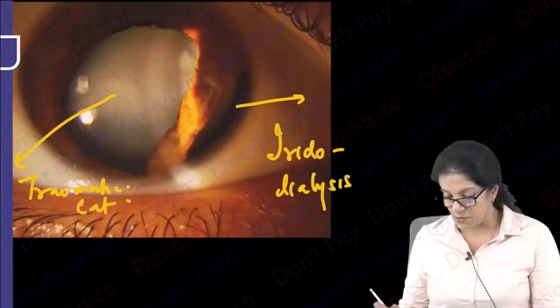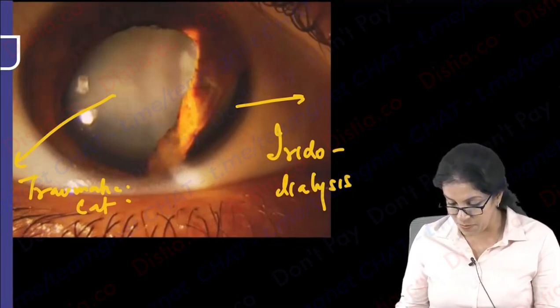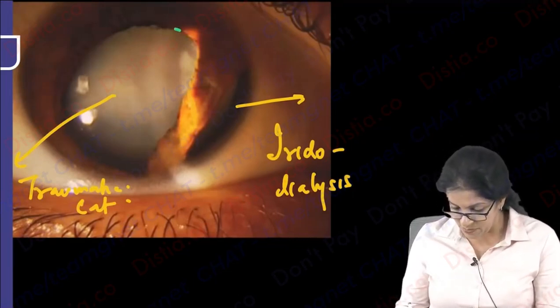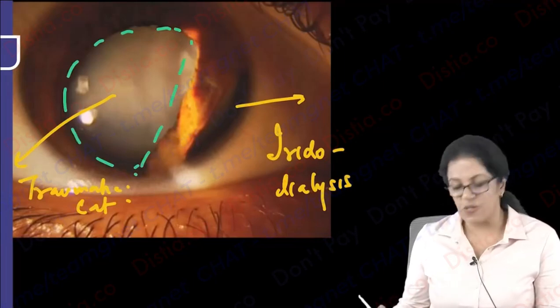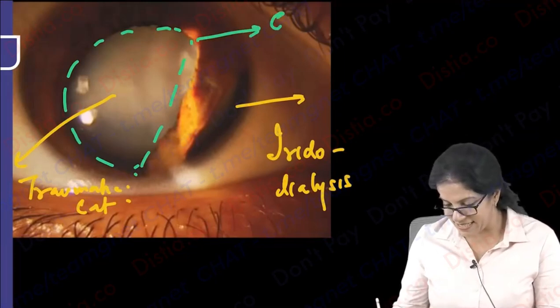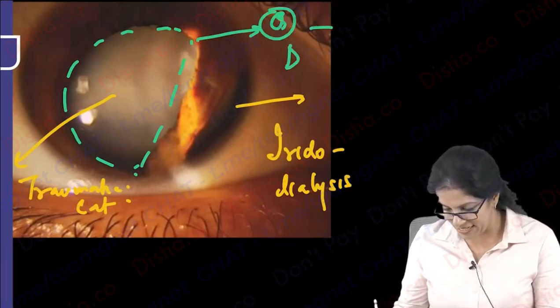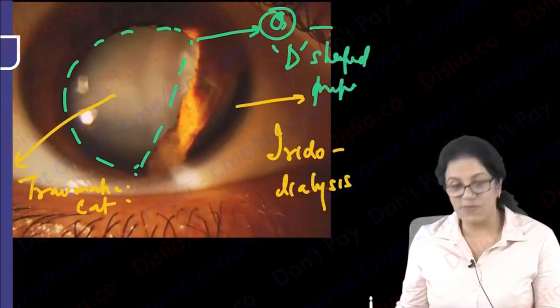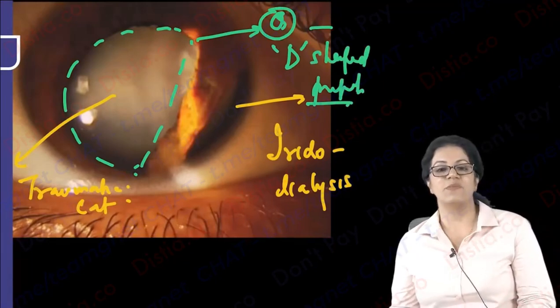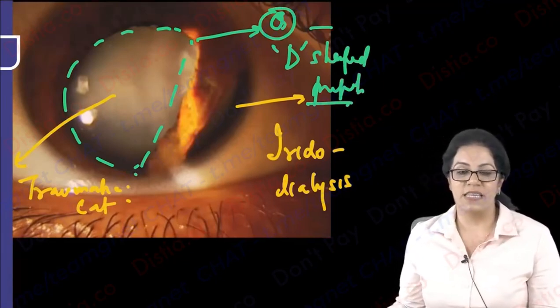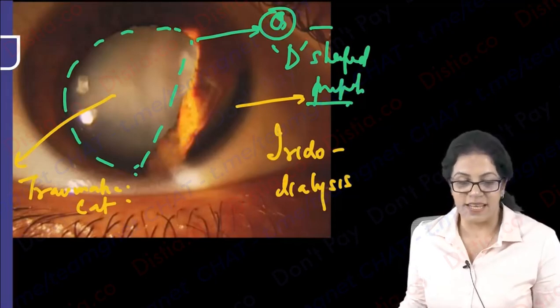Another interesting thing that you can see here is that now the shape of the pupil is not round. It is more like a D-shaped pupil. So in iridodialysis, this is an important exam question, we get a D-shaped pupil. This is a little out of the way, but because it is in front of us, we should learn it. So D-shaped pupil is a feature of iridodialysis.